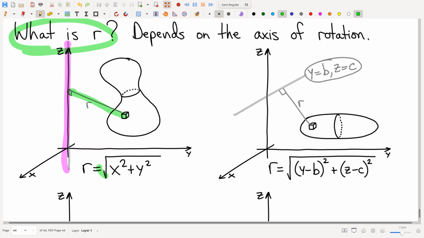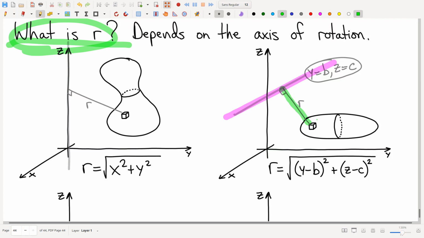Okay. But sometimes, and usually I think is a fair statement, we're not going around the z-axis. We're rotating around some other random axis. And what you've got to do in that case, in order to make sense out of this question, what is r? How do I compute r in this formula that I need to crank out? What you need to do is compute the distance from your arbitrary point (x, y, z) to that axis.